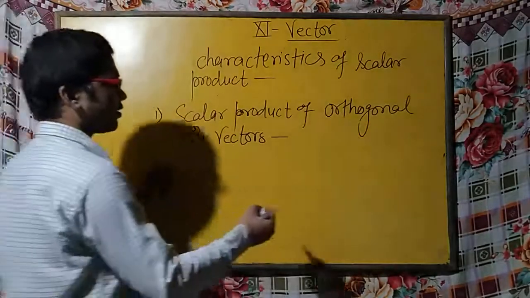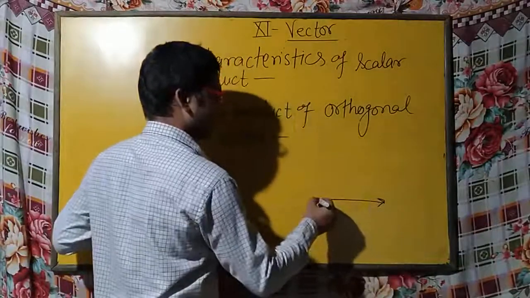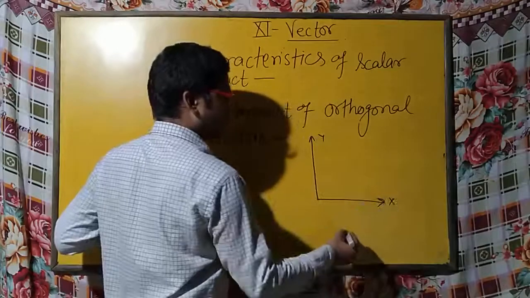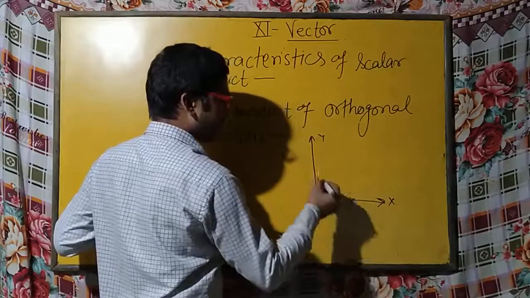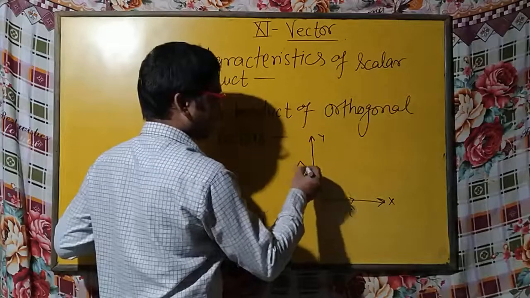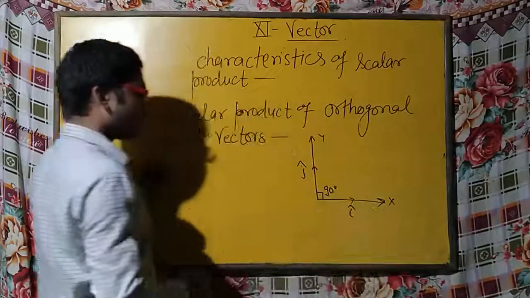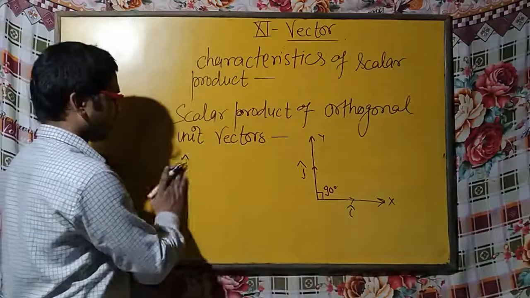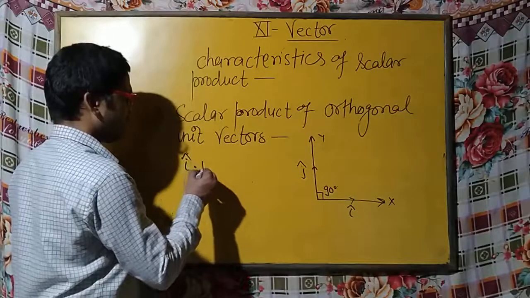So you can see here, this one is the x axis and this one is the y axis. Now the unit vector along the x axis is i cap and along the y axis is j cap, and the angle is 90 degrees. So now you want to find the value of i dot j.